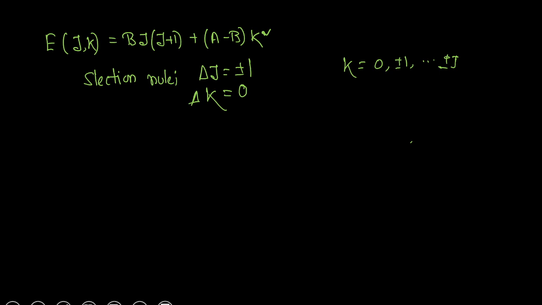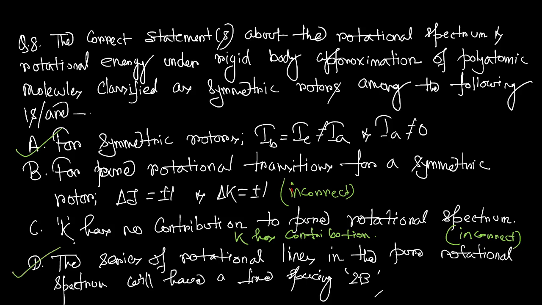Then only the first term will survive according to the selection rule. Therefore the line spacing will be 2B. So option D is correct. This is the correct one. Now moving to the last question of the session.